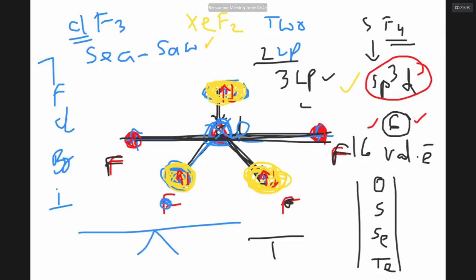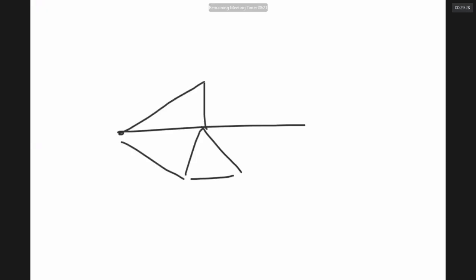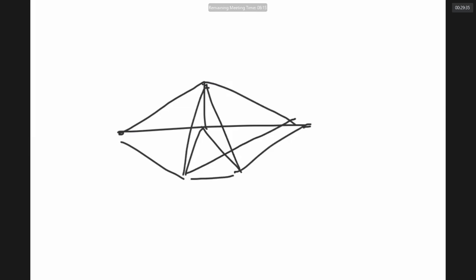If there are 2 lone pairs, that is T shape. If there is 1 lone pair, that is seesaw shape. If there are no lone pairs, that is trigonal bipyramid. I want you to see it, don't try to mug it up. There are 5 electron pairs, all are bond pairs. What is the shape? Trigonal bipyramid. If one is a lone pair, what is the shape?